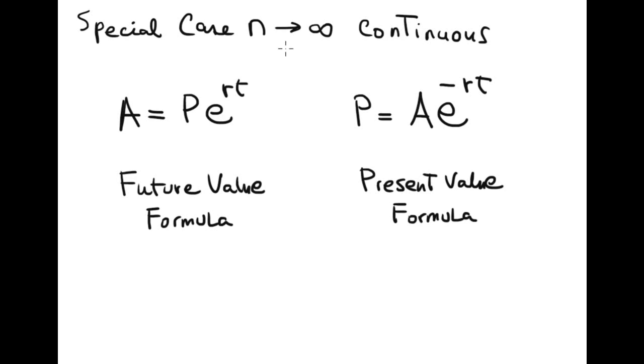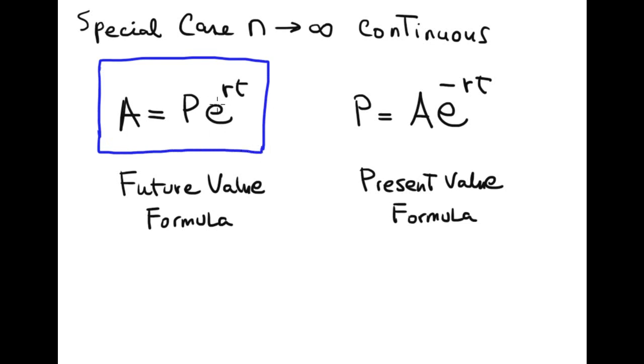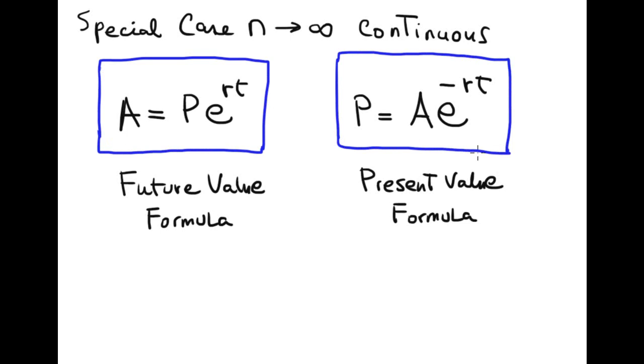So now you consider a continuous problem. And the formula for finding the future value is like that. Using exponential, using e, the base e, which is an irrational number, and the present value is exactly the same, but with a negative exponent. Okay, present value and future value.